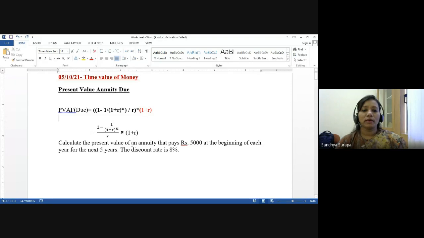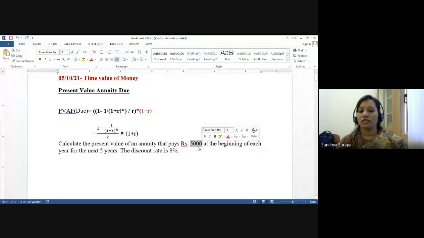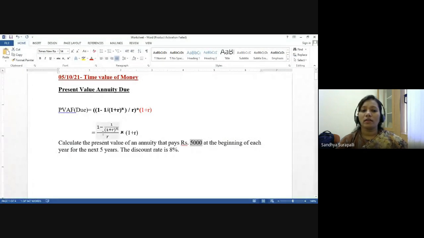Calculate the present value of an annuity that pays 5,000 at the beginning of each year for the next 5 years. The discount rate is 8%. First you have to solve for the factor and multiply it with whatever is the payment or receipt you are having. So use this formula. First let us solve for each term. Let us solve for 1 plus r to the power n.